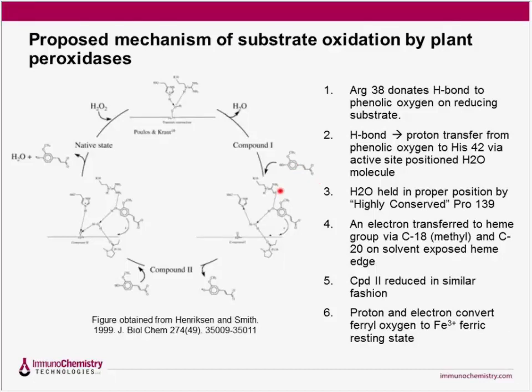So when this binds to this site, a proton is transferred via the histidine 42, and when that happens, an electron is acquired by the heme group, converting it from a compound 1 to a compound 2.